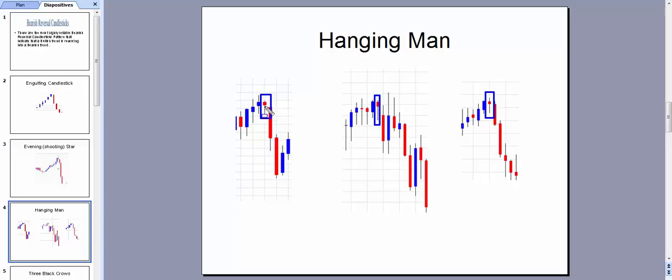Sometimes it's short, sometimes it's very long, and sometimes the body is stronger or longer. The main criteria: a long or medium shadow to the downside, a short shadow to the upside, and a small body. This is the hanging man.